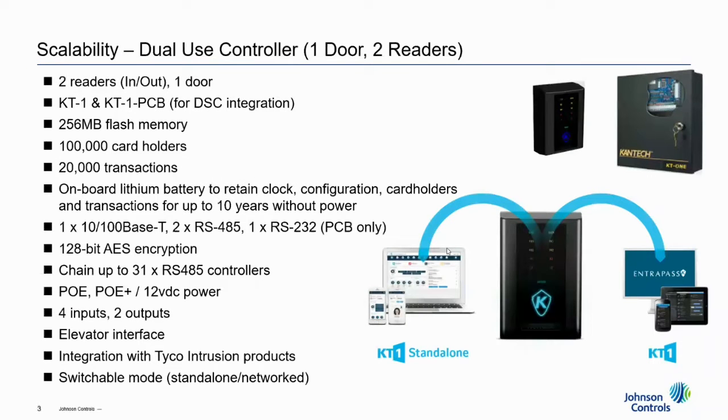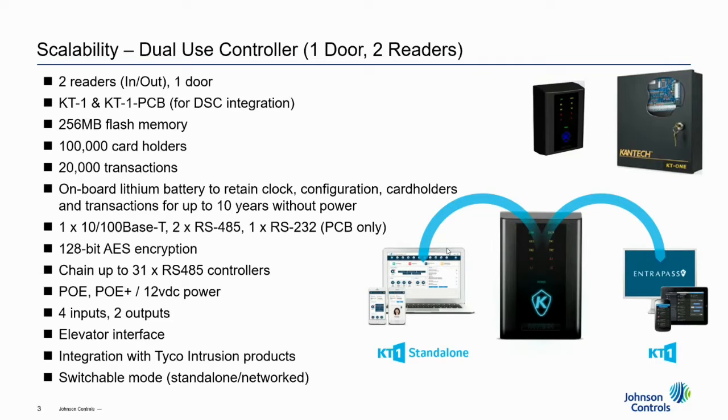So to start off, our controller is able to serve a dual purpose. By the definition of dual use, this controller can either function as a standalone controller without any requirement for a server, or we can take this same controller and connect it to the server.